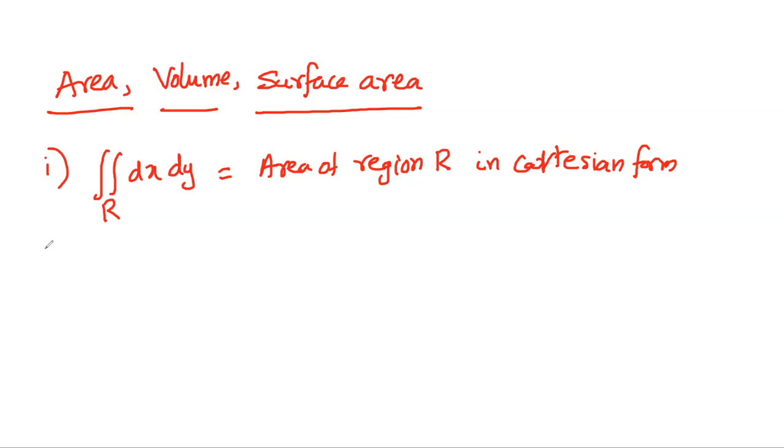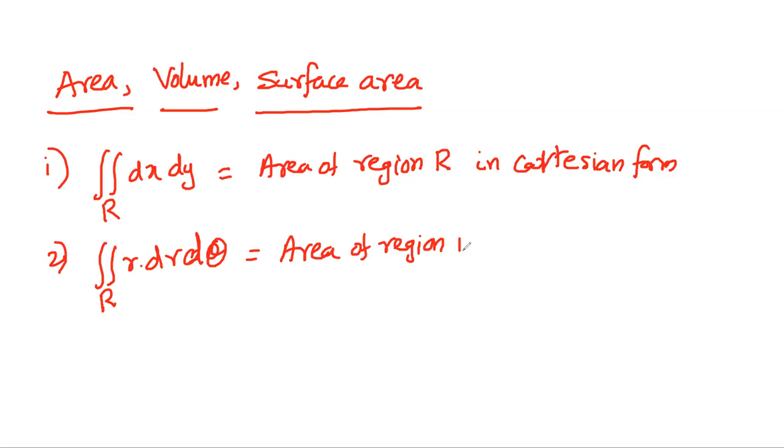Second one, the same double integral of r dr d theta, there is a certain angle. What can we mention for this? Area of region R in the polar form.